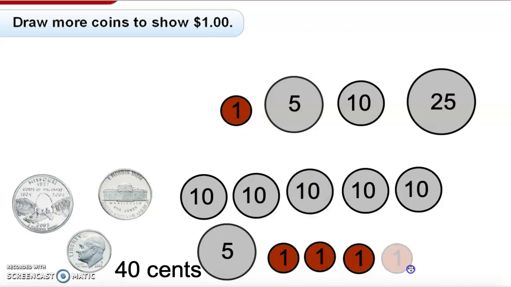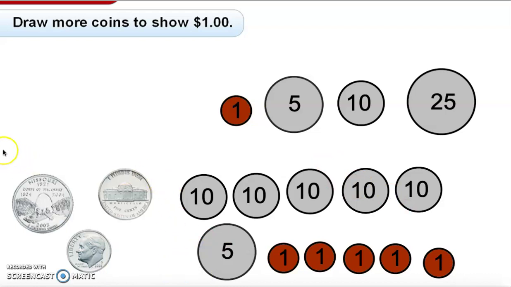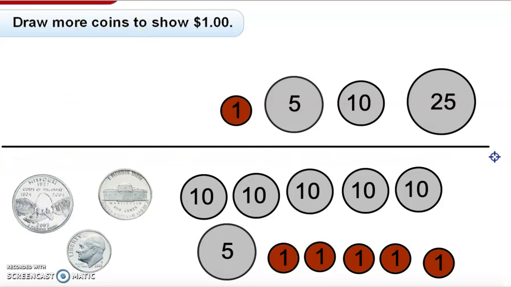Okay, so I'm going to get rid of this 40 cents, and I'm going to make a little line so that way you can see better. I'm going to make sure that all of the coins that I have underneath this line here add up to $1. So let's count them together. Okay, so we have 25, 35, 40.